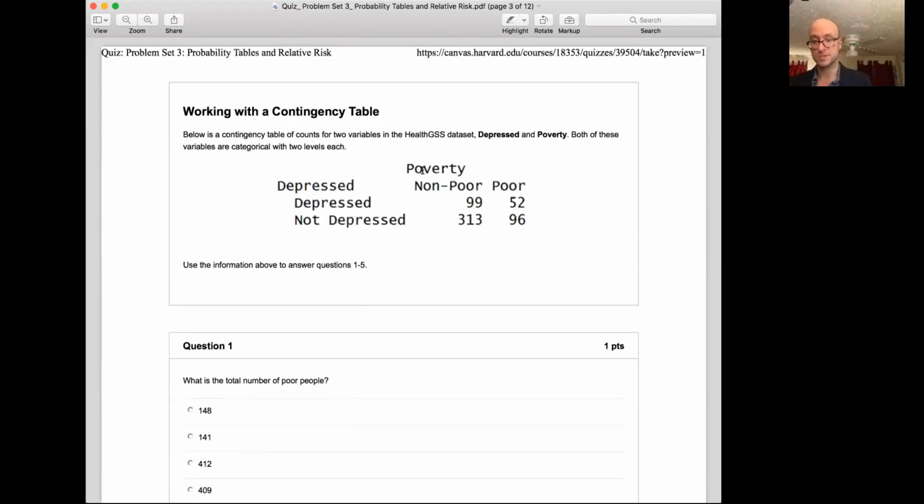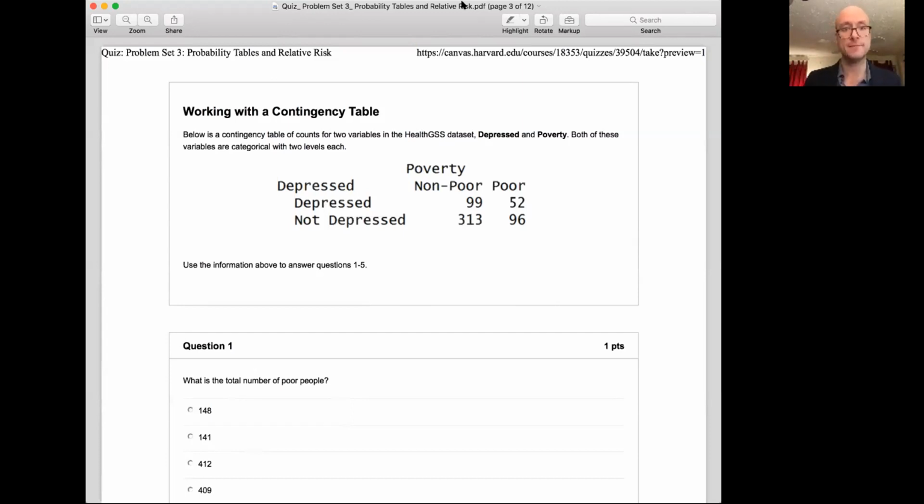So there we know a couple things. We have individuals in a survey, and these are counts, and they belong to one of 2 categories. And the labels of the values for each two-level categorical variable are informative.